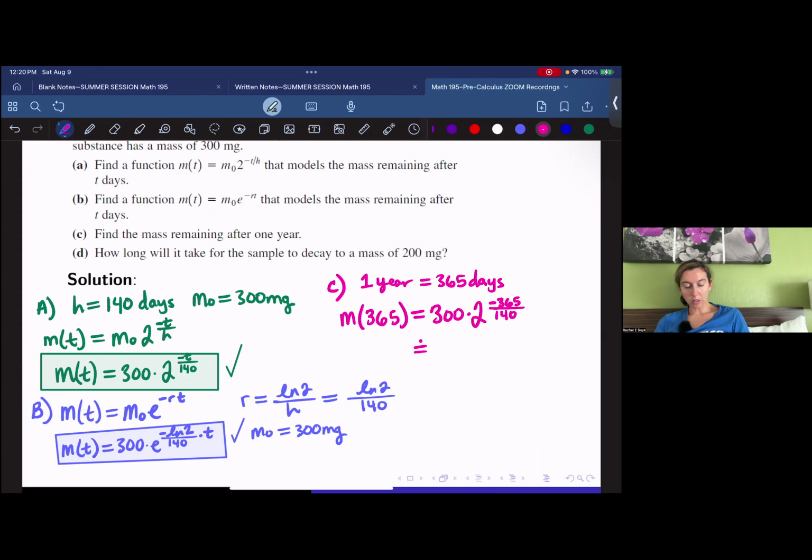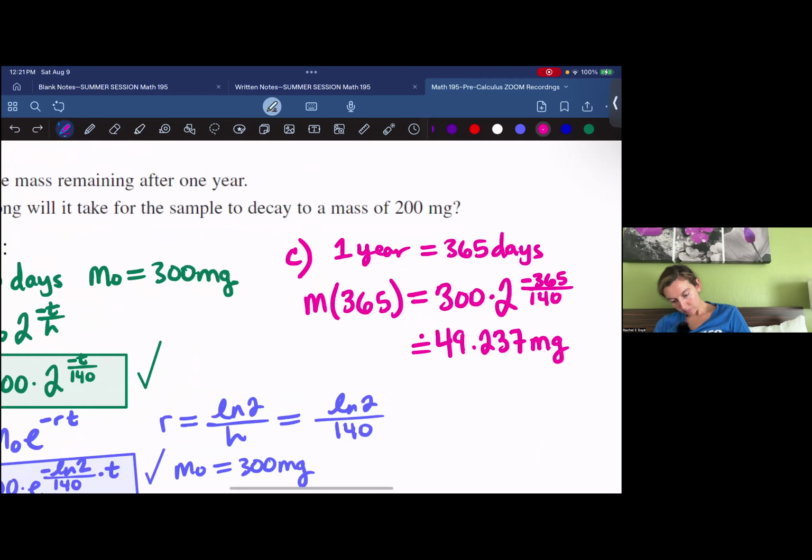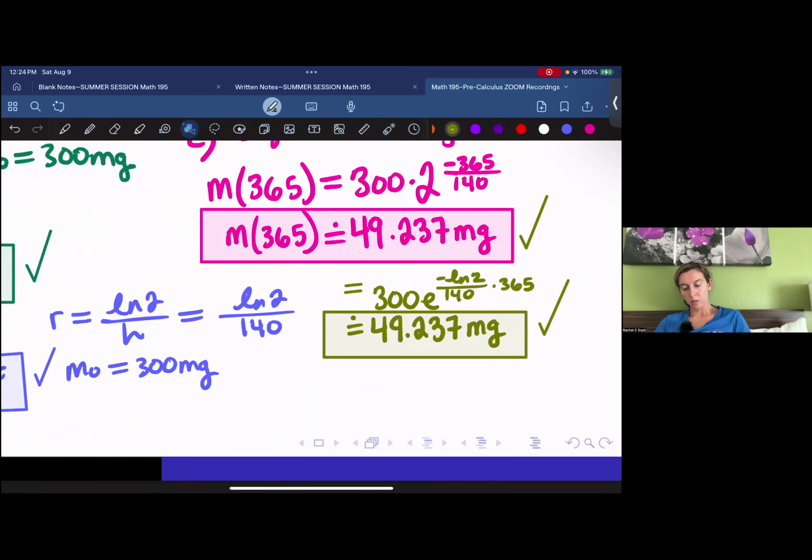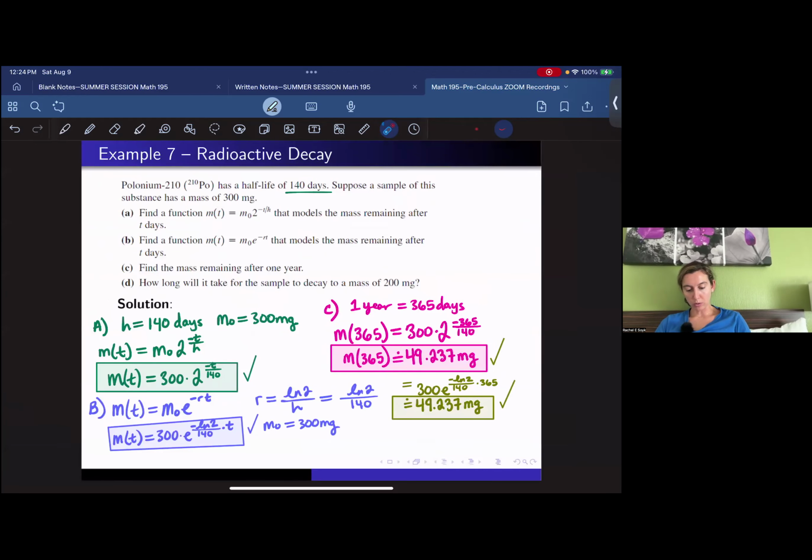So when we put this into our calculator, what do we get? We get 49.237 milligrams left. So I wrote both out to show you that you'll get the same exact result, whether you use our first model or the second model.